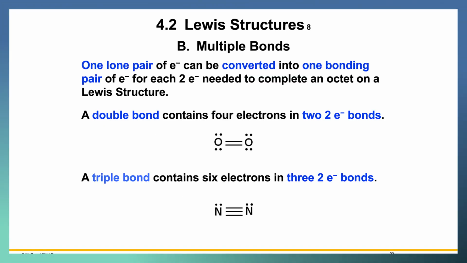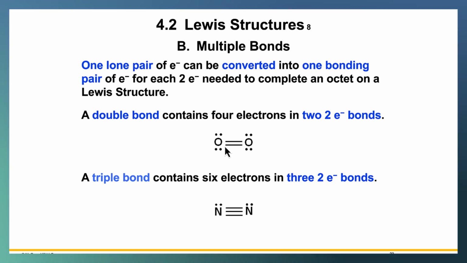There are cases where you need to have a double bond or a triple bond. So if we think about oxygen, on the periodic table it is in group 6, and so what that means is it has 6 valence electrons. It needs to see 2 more. And so if we look at our oxygen, we can see 2, 4, 5, 6 would come from that, and 2, 4, 5, 6 would come from this.